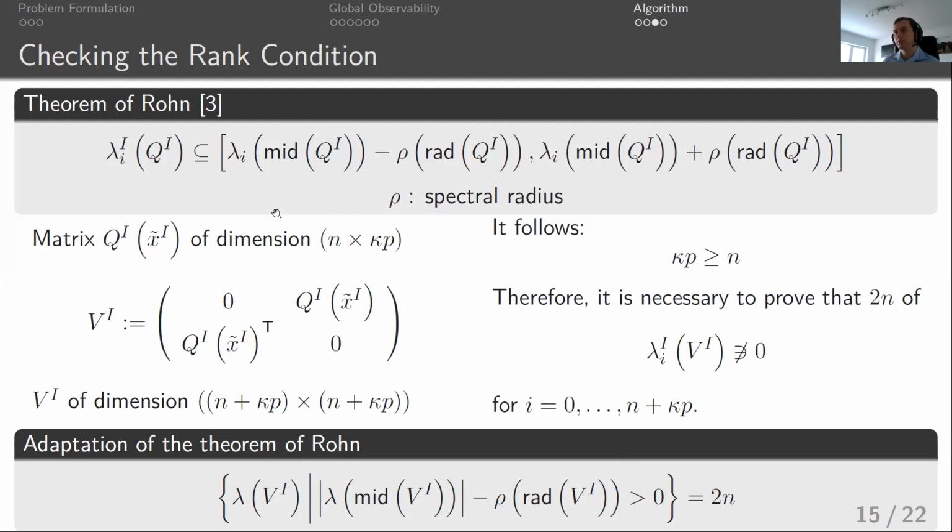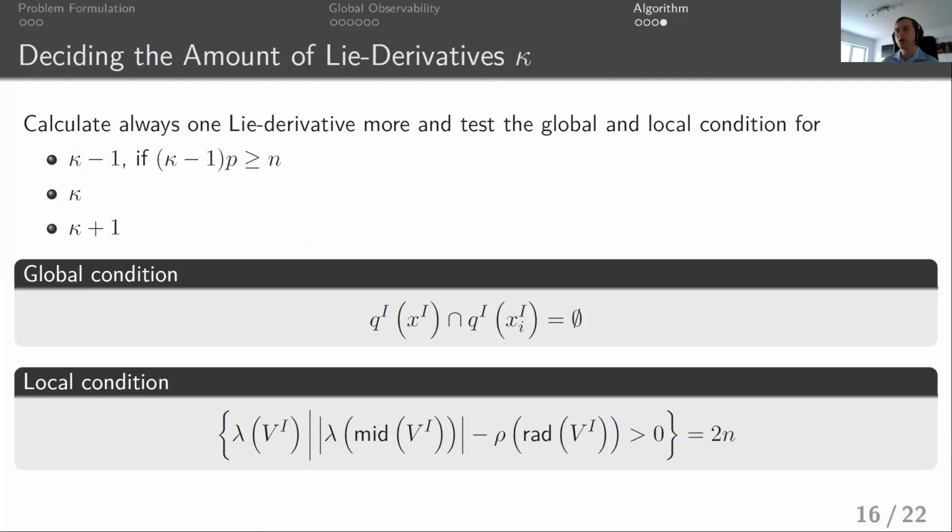What I would like to talk about next is the amount of Lie derivatives that we need. The algorithm always computes one Lie derivative more than is currently necessary and checks this global condition and the local condition for these three cases: for kappa minus 1, but only if this is still bigger than n, for kappa and kappa plus 1.